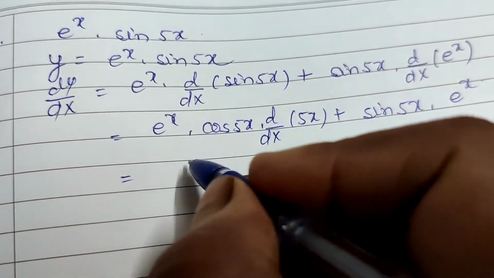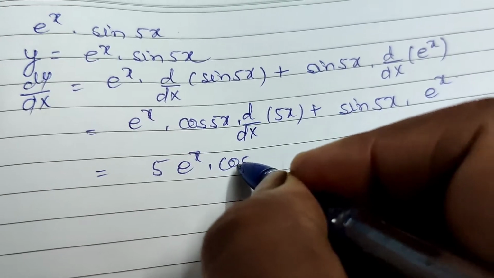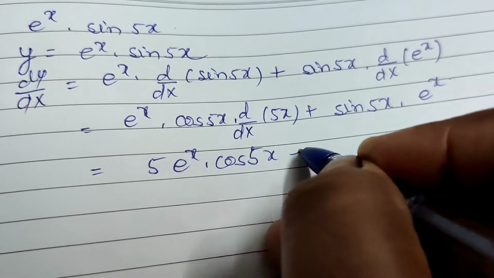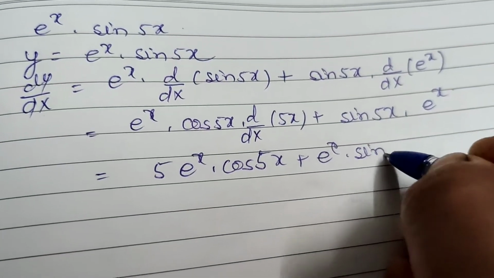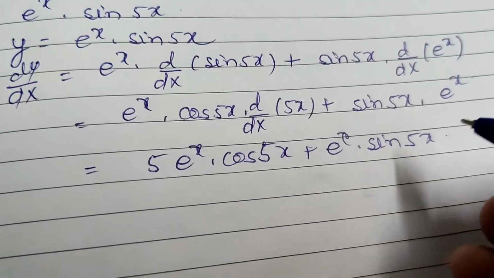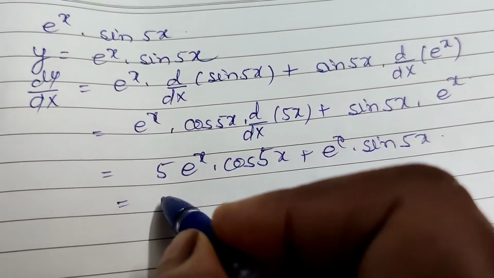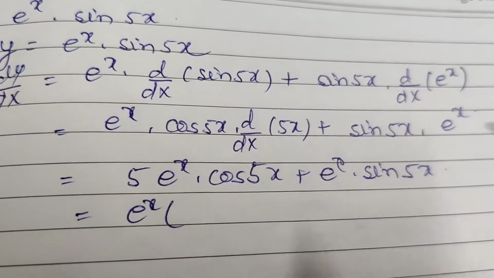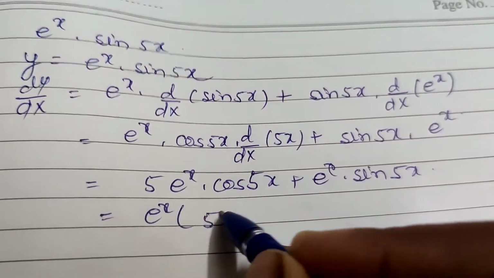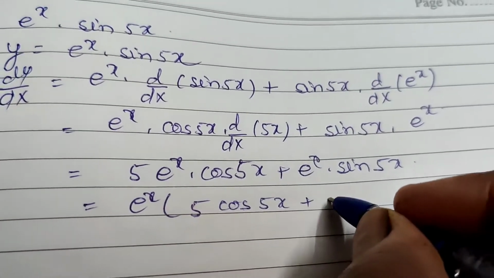It is equal to 5 e raised to power x cos 5x plus e raised to power x sine 5x. Okay. Now take e raised to power x common: 5 cos 5x plus sine 5x.